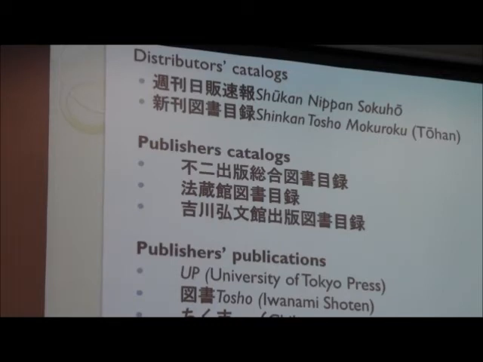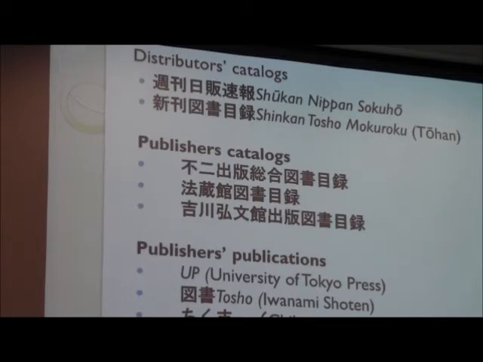Yoshikawa Kobunkan is the publisher for historical material, so I have to go through it and not miss any important publication. And Hozokan is of course Buddhism, and Columbia is strong in the Buddhism collection, so I can't ignore it. So most of the time I will go through the entire catalog.